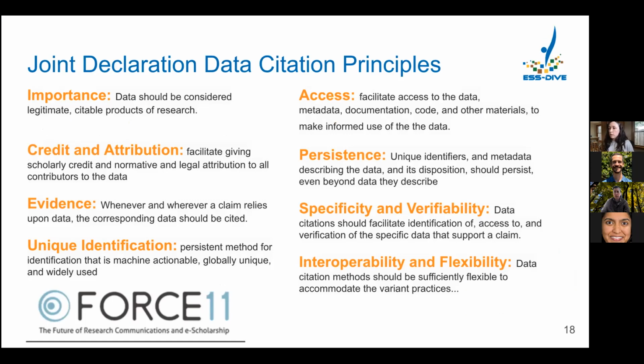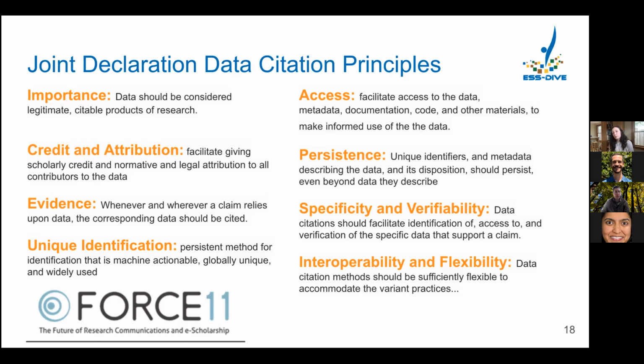I just wanted to point out a couple of the key points, and one of those is, again, importance: data should really be highlighted as a legitimate product of research and really necessary to understand scientific contributions. And we see credit and attribution here again, which is really important for data contributors.